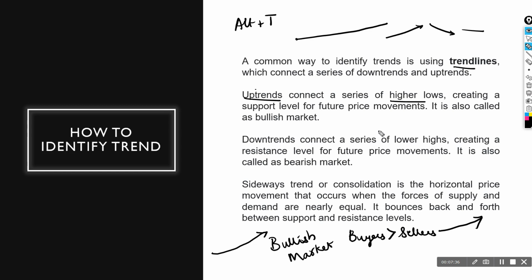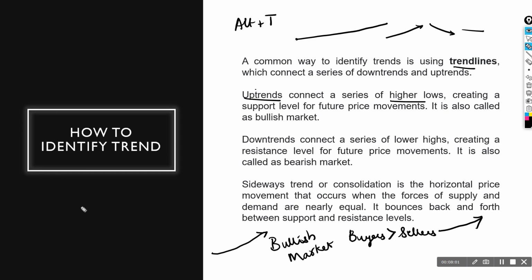Now this basically will be like a support level. Now I will help you understand what support and resistance and all those things are. But please understand, a support level is basically a strong level that an uptrend or the bullish market creates, wherein it will support the future movement of this stock.